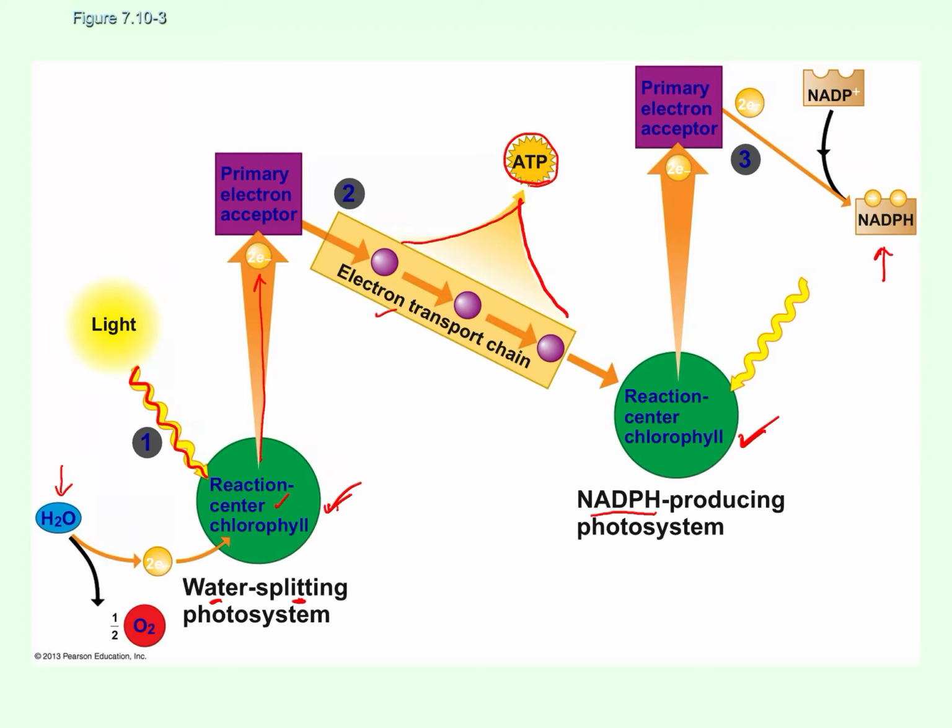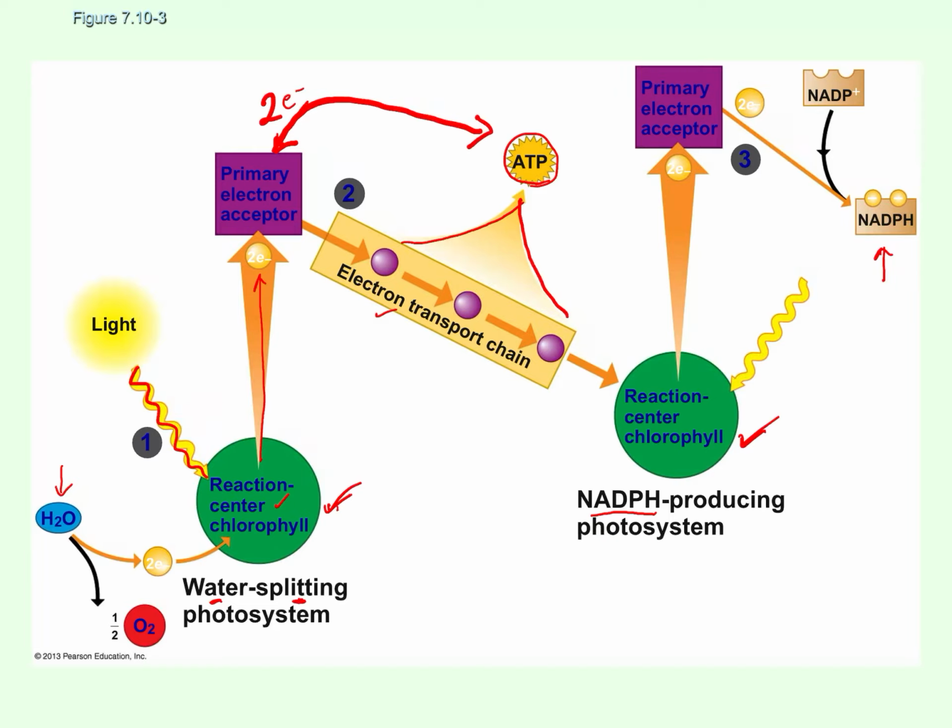So what we've done now is we have taken the energy in the electrons, right? That energy from the sun was used to pop off 2 electrons. Those 2 electrons were passed down an electron transport chain, and how are they used? They were used to make ATP. So right away we can see we use the sun to create ATP.